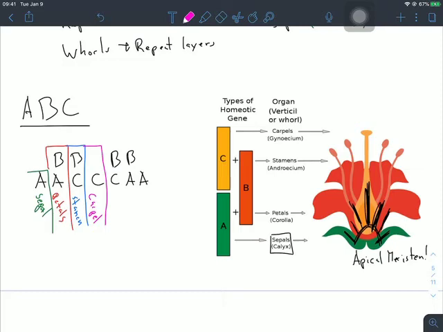But you can get a flower that has tons and tons of petals if you only express A and B, which makes them really good candidates for our Valentine's Day celebrations.